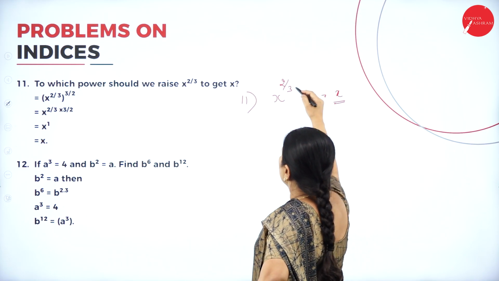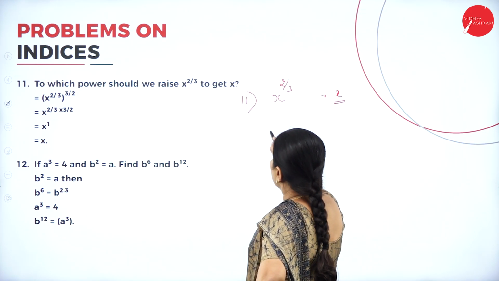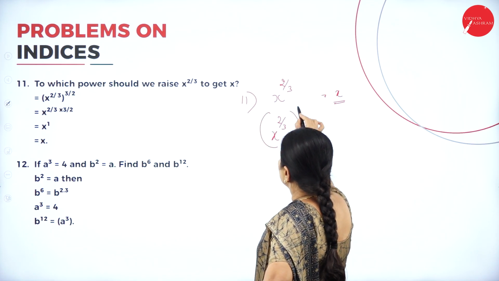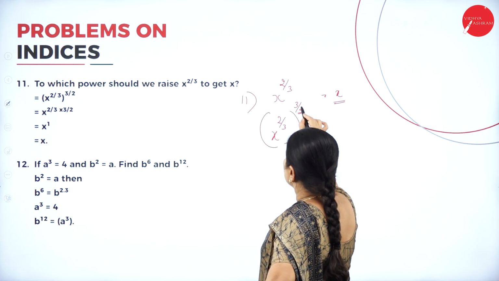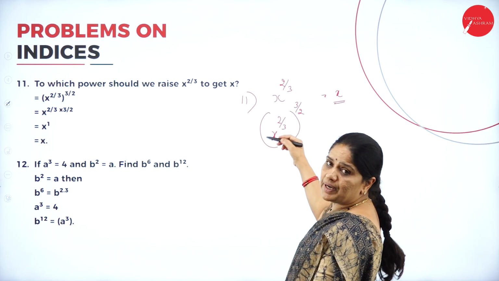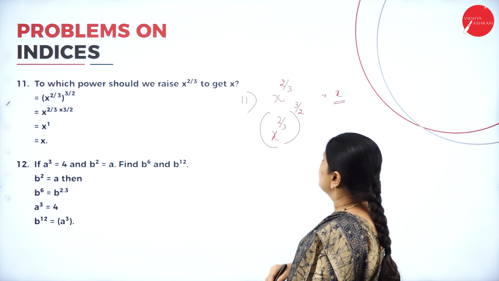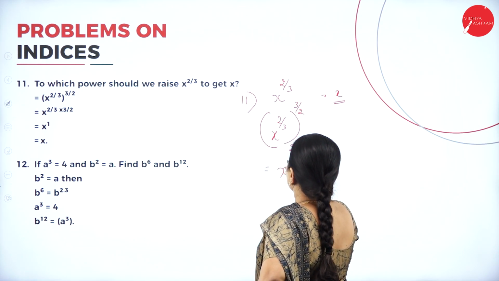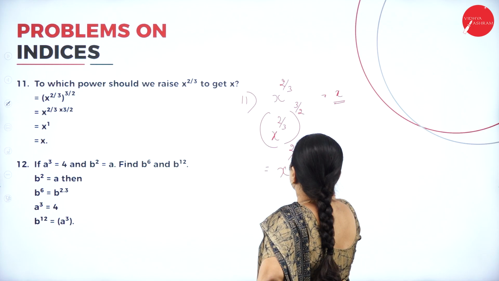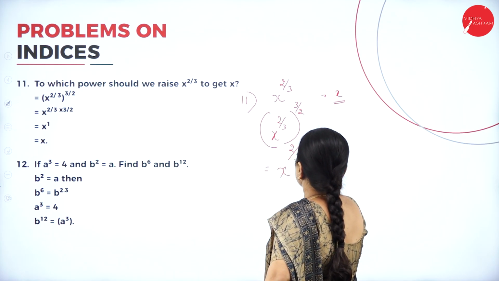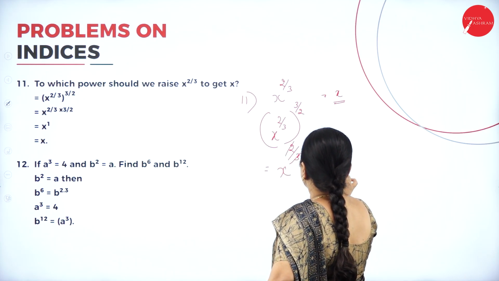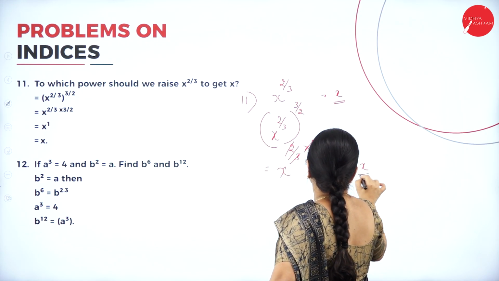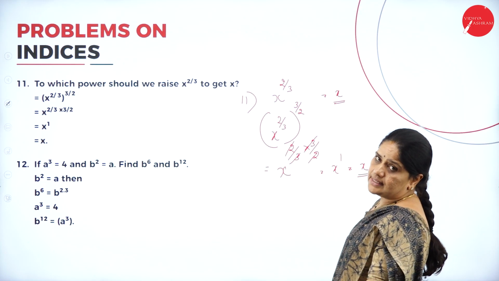Now, x to the power 2 by 3, what can I write? x to the power 2 by 3 into x to the power of 3 by 2. When there is a multiplication of the powers, it will nullify the effect of the power. So, 3 and 3, 2 and 2 get cancelled. So, x to the power of 1 equals x is the answer.